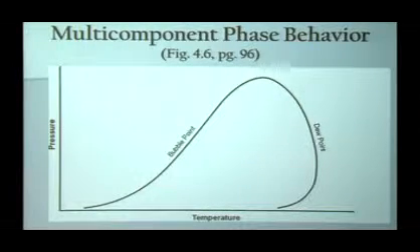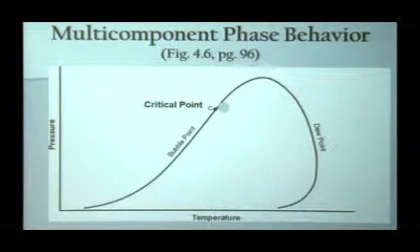On the diagram, you see a plot of pressure versus temperature. And what we show is a bubble point curve and a dew point curve. The two curves come together at the critical point. The critical point is that point where the properties of the liquid and the vapor are the same.